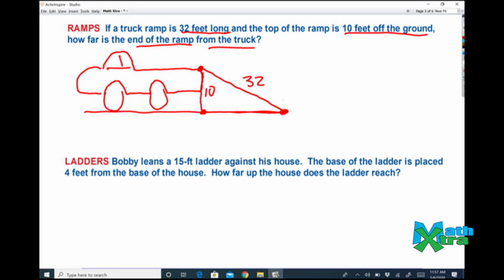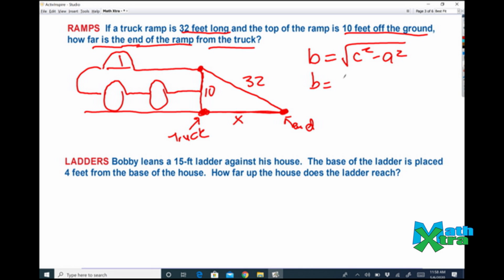Now let's solve the problem. The last part says, how far is the end of the ramp from the truck? Y'all, the end of the ramp is right here, end. And this is the truck. So we're looking for this side right here. And what does that side represent? One of the legs. I'm going to call that leg B. So the equation for my shortcut is B is equal to the square root of C squared minus A squared.